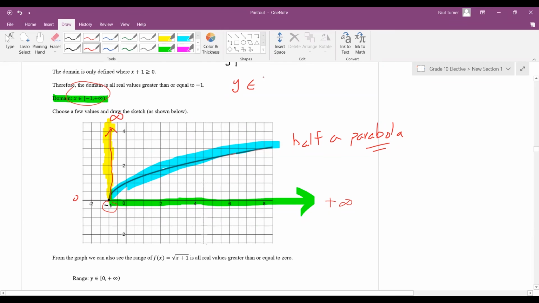So your range is from 0 to infinity. The domain and range just tell you where the graph is and where it's not, okay? So this is your domain again in green, because the graph is going from -1 to infinity. And in yellow, this is your range from 0 to infinity as well.